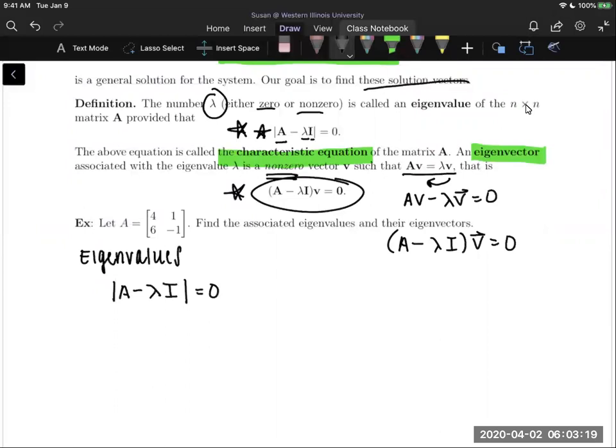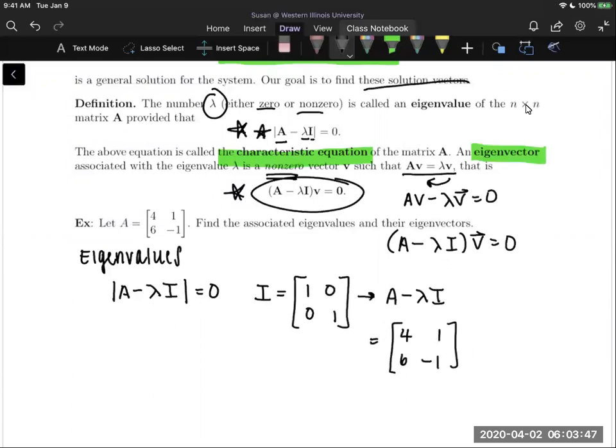Let's remind ourselves what I is, the identity matrix, and we had introduced that back in 5.1. That's the matrix with 1 on the diagonals and 0 elsewhere. So this is our 2 by 2 identity matrix. So what we want to find is A minus lambda I. So that is going to be the matrix we were given, 4, 6, 1, negative 1, minus lambda times this identity matrix.